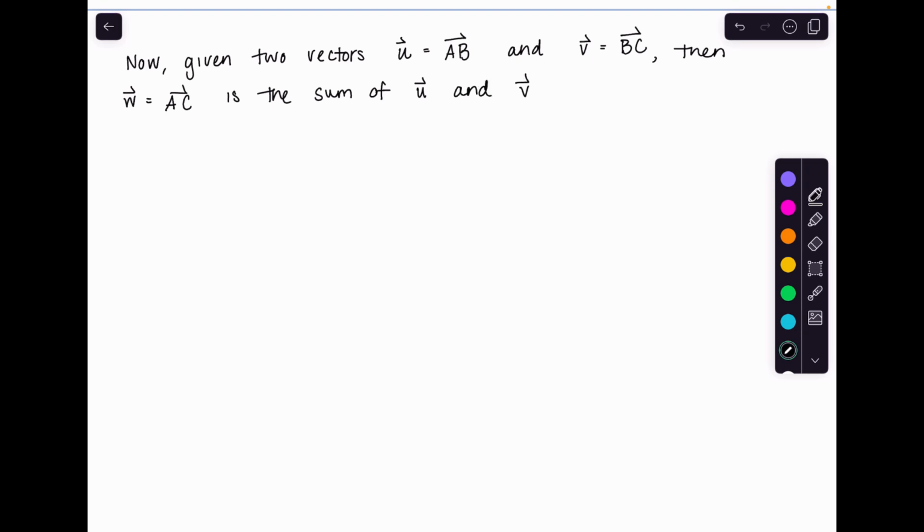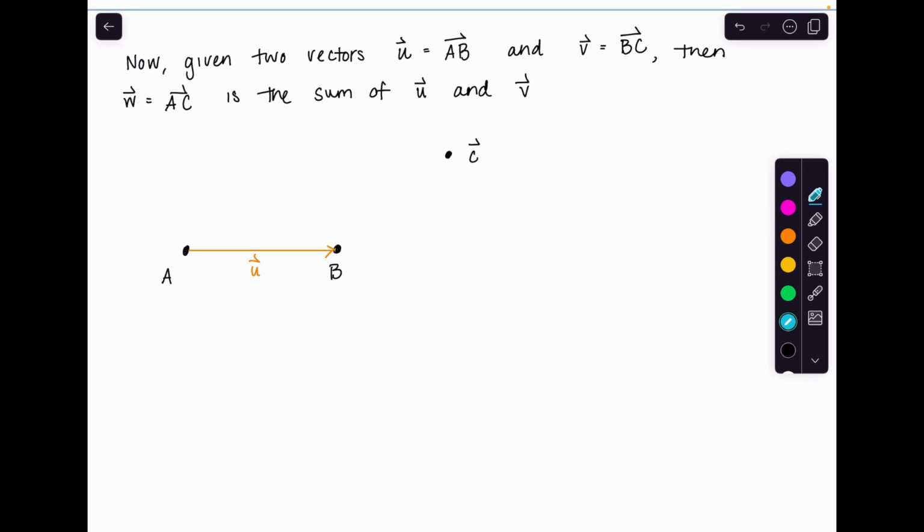Okay. So to give you a visual of this, I've got my 3 points. Here's point A, and let's say point B is right here. Vector U starts at A, ends at B, and points in this direction. Then let's say C is up here.